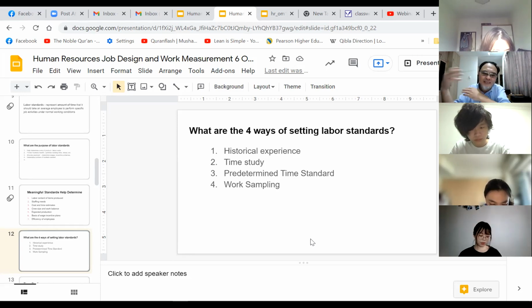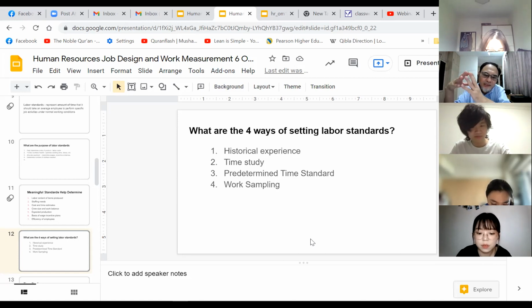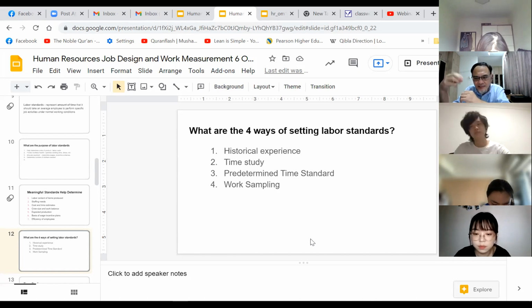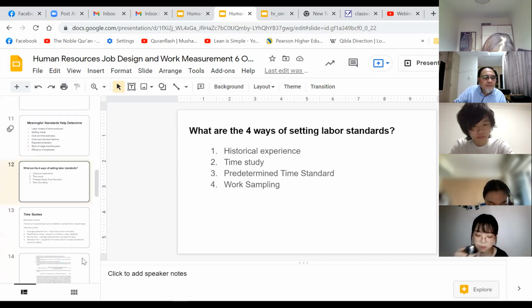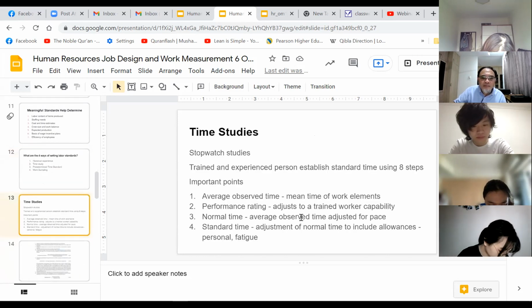Historical means it's your past experience. Whereas the other 3, time study, predetermined time standard, and work sampling, are scientific, and also very structured. When I say structured, it means there's a way of how it is actually being done.